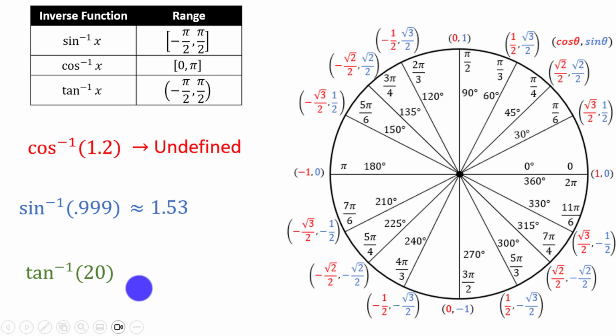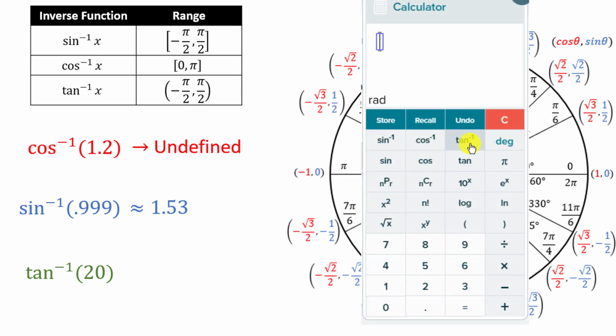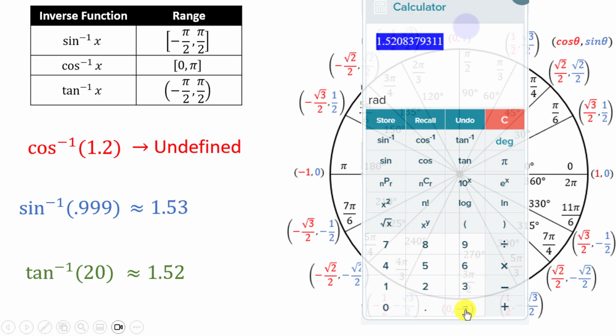That's going to be a pretty high value on the unit circle. We want sine to be 20 times as large as cosine, so we'd have a much bigger y value than an x value. So we could find inverse tangent on our calculator, press the inverse tangent button, type in 20 and press enter, and we would get about 1.52, which is again very close to pi over 2.